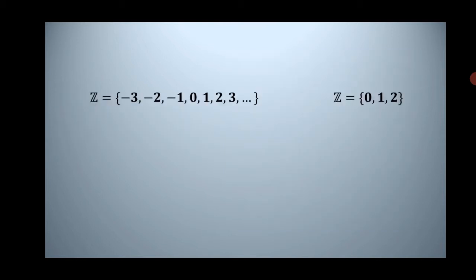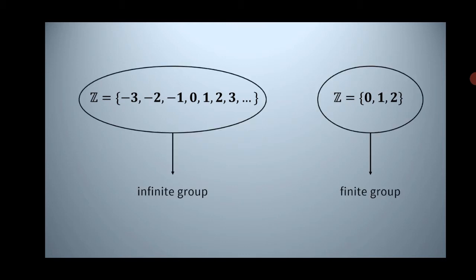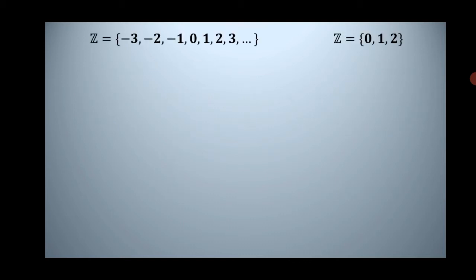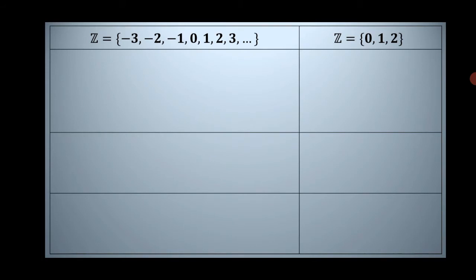The group of integers is an infinite group, while the group of integers modulo 3 is a finite group. So it's tempting to think that these two groups have absolutely no similarity. Let's get a little deeper into both these groups.